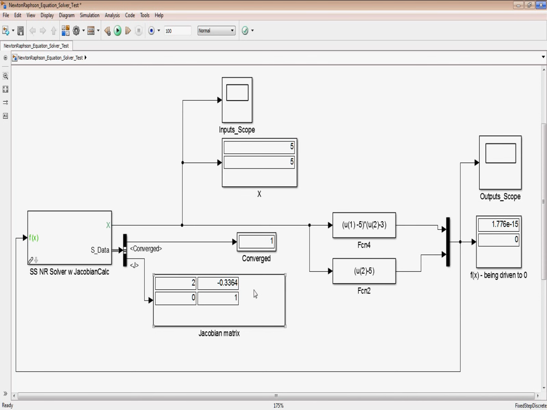There's a couple different things to look at here. You'll notice that now our Jacobian matrix is a 2 by 2, and that's because we have two input variables. Really, this first variable here is u1, and the second one is u2. If you look, this one is u1, and this one is u2.